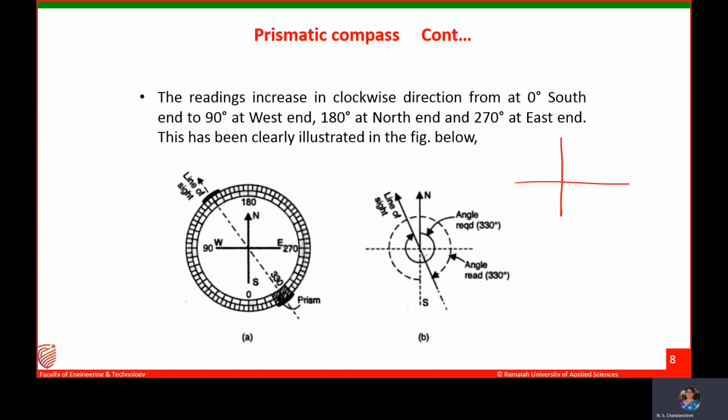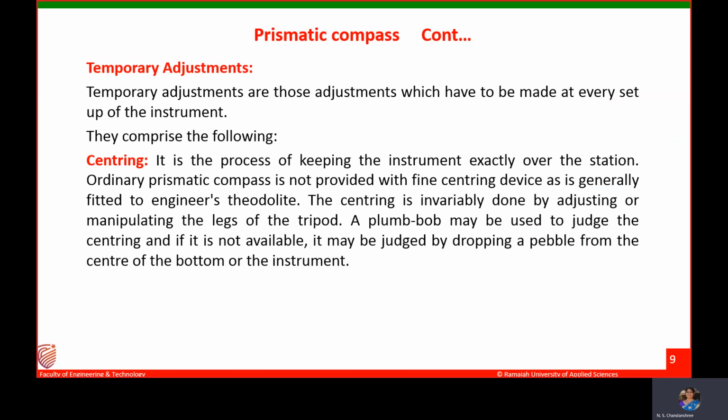If I want the direction of a line like this, if this is the north, the angle or the reading that we are taking is this theta. If I want to measure the bearing of this line, this is the theta that is read in a prismatic compass. So any angle that is recorded with the help of a prismatic compass is always measured from the north.